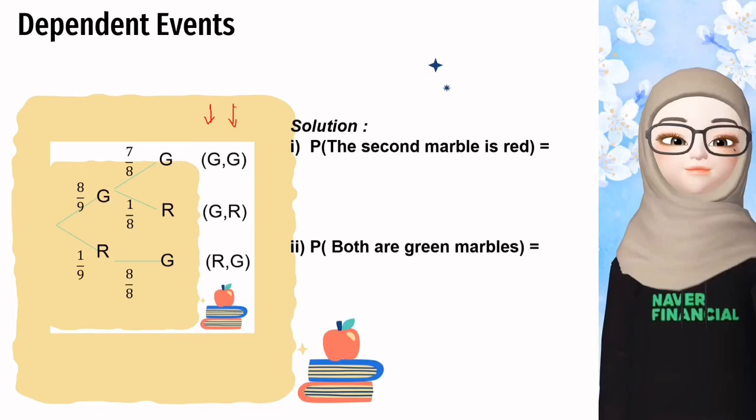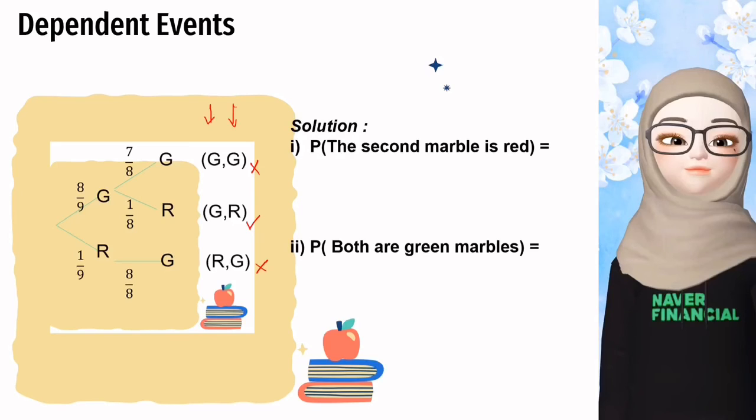This is GG, this is GR, so the second marble is red here, so this is a possible outcome. And don't forget to look at the last one, R and G, but the second is G, so this is not a possible outcome. So your possible outcome is actually G and R.